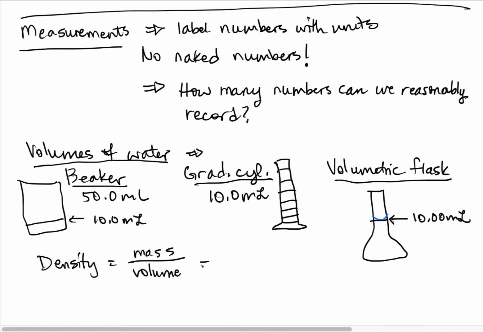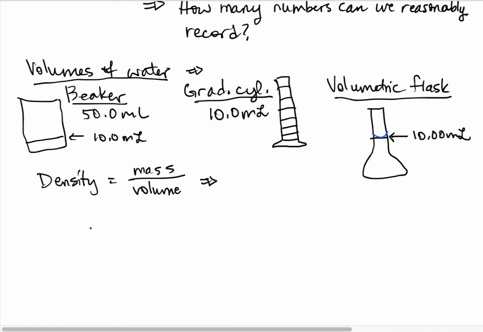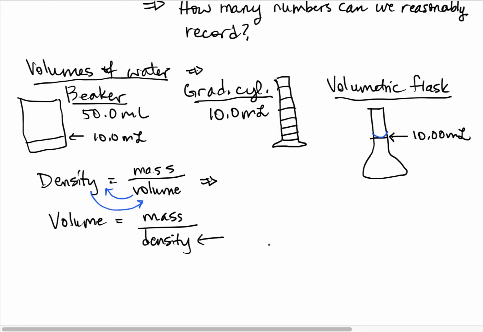So I just did a little bit of rearranging here and solved for volume is equal to mass over density. So I multiplied by the volume and then I divided out the density. And the idea is that the density depends on the temperature of the water. So we measured the temperature of the water and then we looked up what the density was in a table.